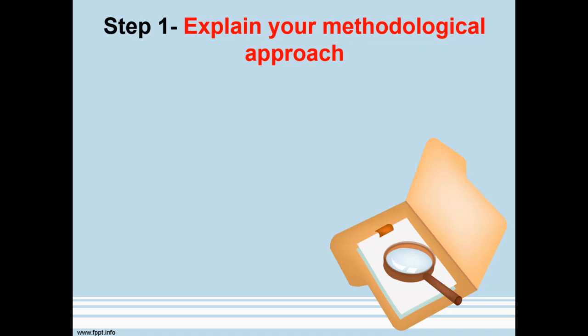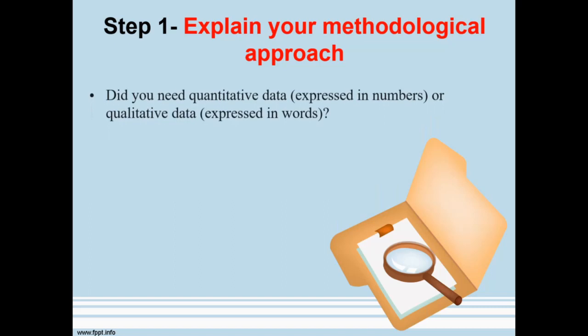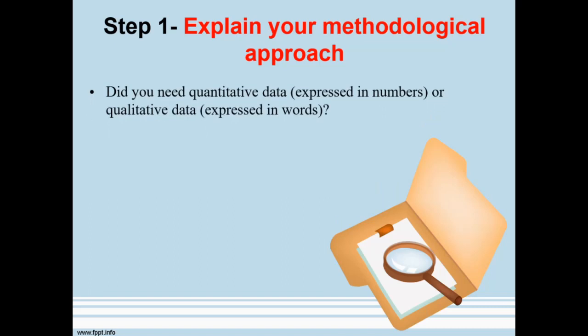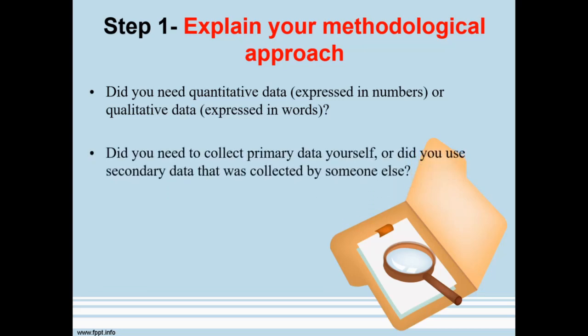For example, did you aim to systematically describe the characteristics of something, to explore a research topic, or to establish a cause and effect relationship? And what type of data did you need to achieve this aim? 1. Did you need quantitative data expressed in numbers or qualitative data expressed in words? 2.